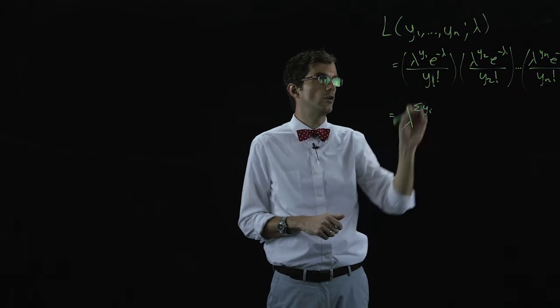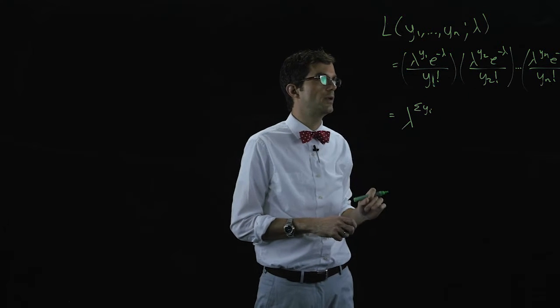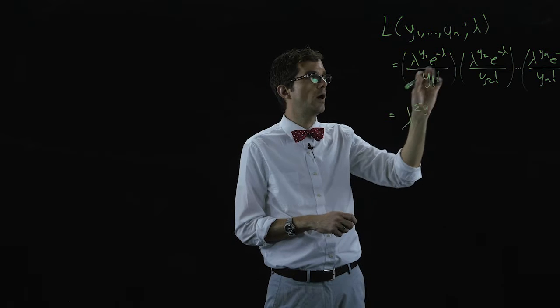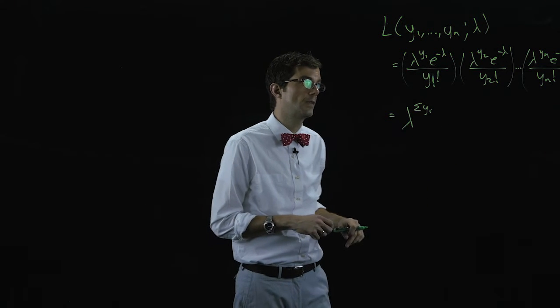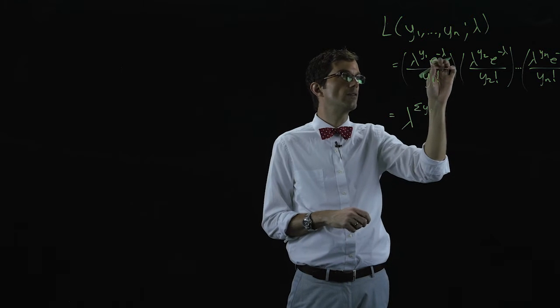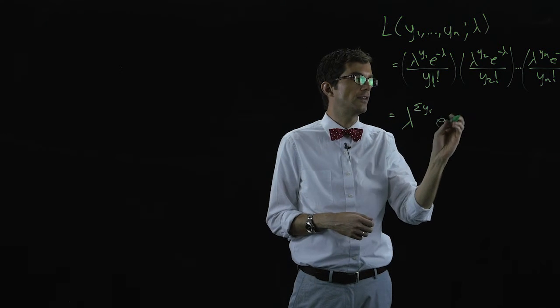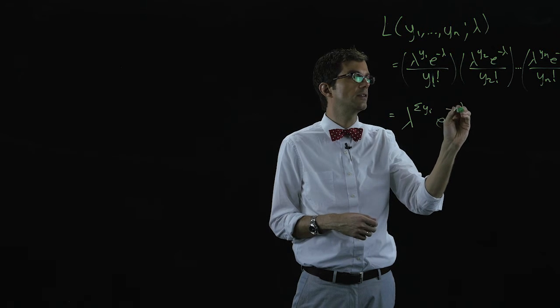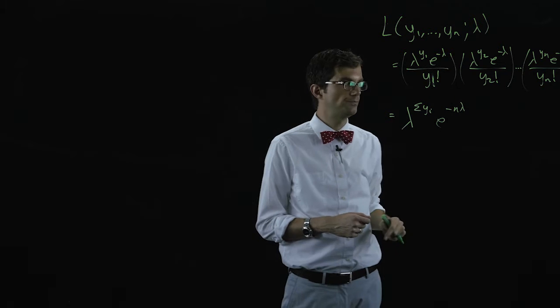So lambda to the y sub 1, lambda to the y sub 2, lambda to the y sub n is just lambda to the y sub 1 plus y sub 2 plus y sub n. Then here we've got e to the minus lambda multiplied by itself several times. We could rewrite that as e to the minus n times lambda. Okay, n times over, we've got that.